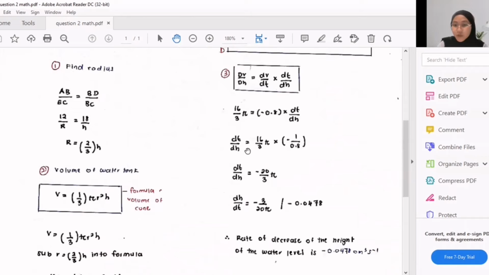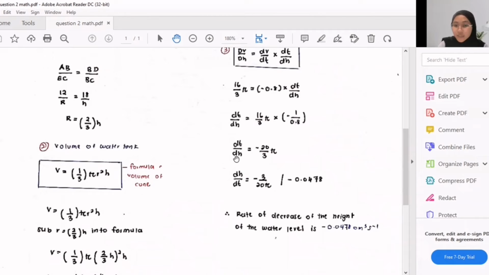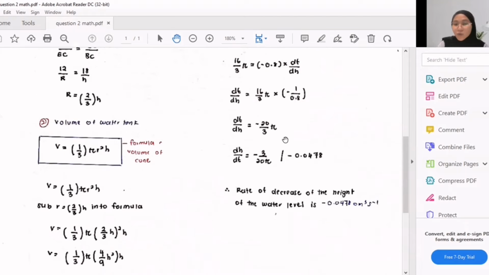So when I move it, I can change the negative 0.8 like this. And then the answer for dt over dH is negative 20 pi over 3. So negative 20 pi, when I change, I can get the correct answer.